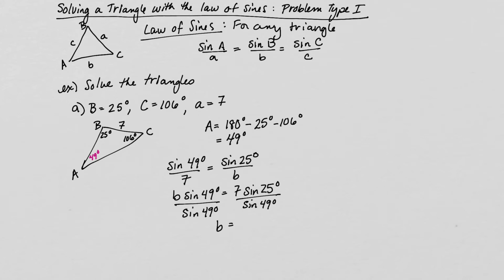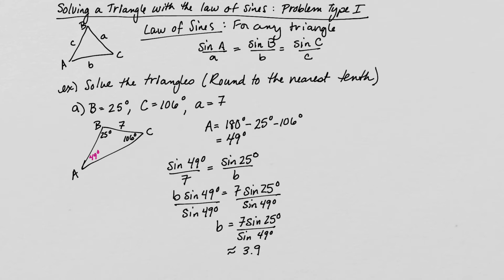So little b is going to be 7 sine of 25 degrees divided by the sine of 49 degrees. And I should have really said round to the nearest tenth on these. So it's going to be 3.9.